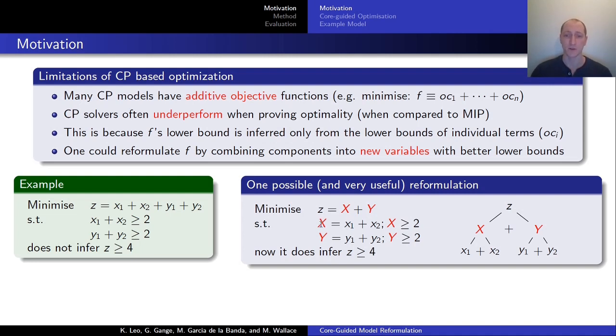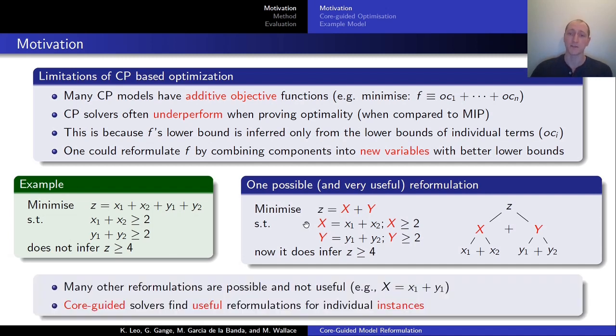As we can see here, we've introduced a big X that combines the x's from the objective function and provides a good bound on this subset of the objective. And in this case, the CP solver is now able to find a good lower bound on our objective variable.